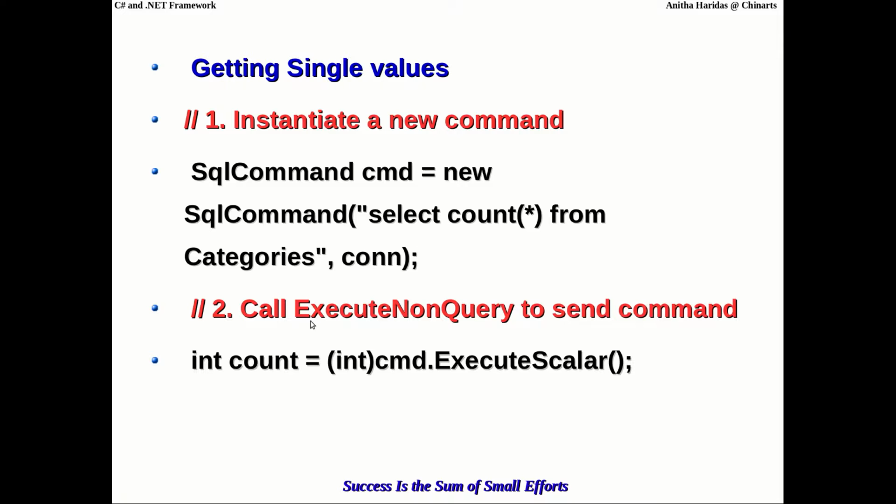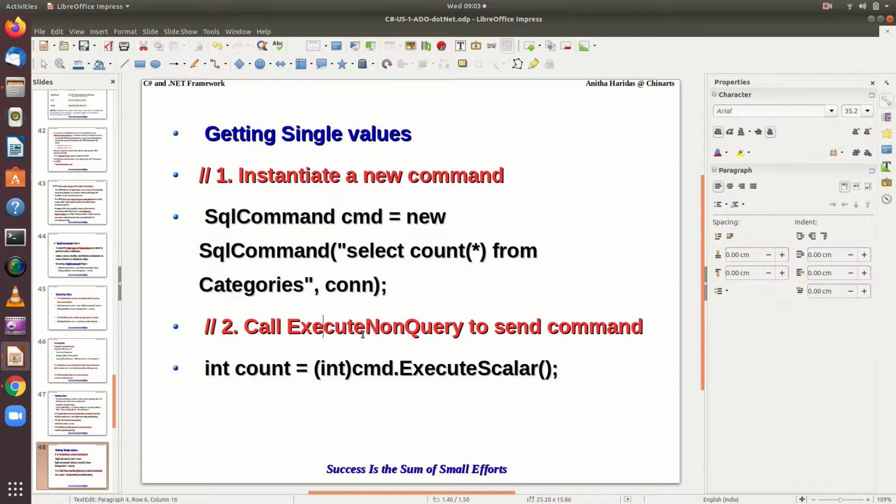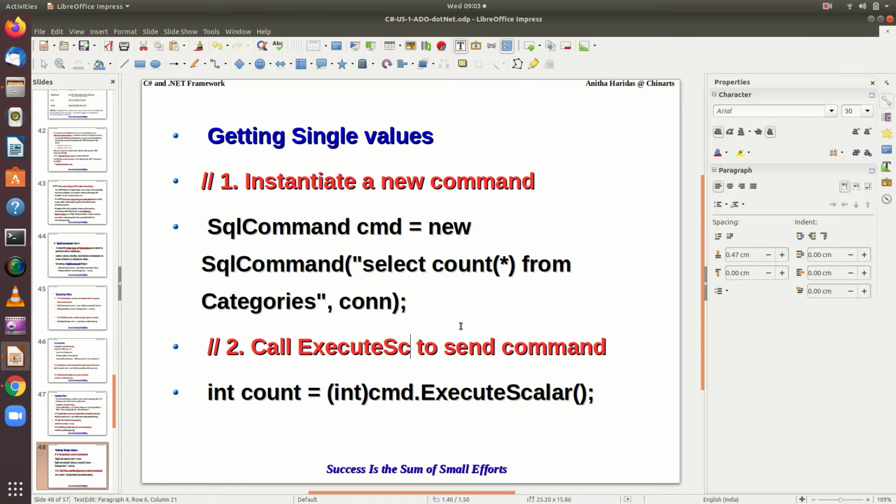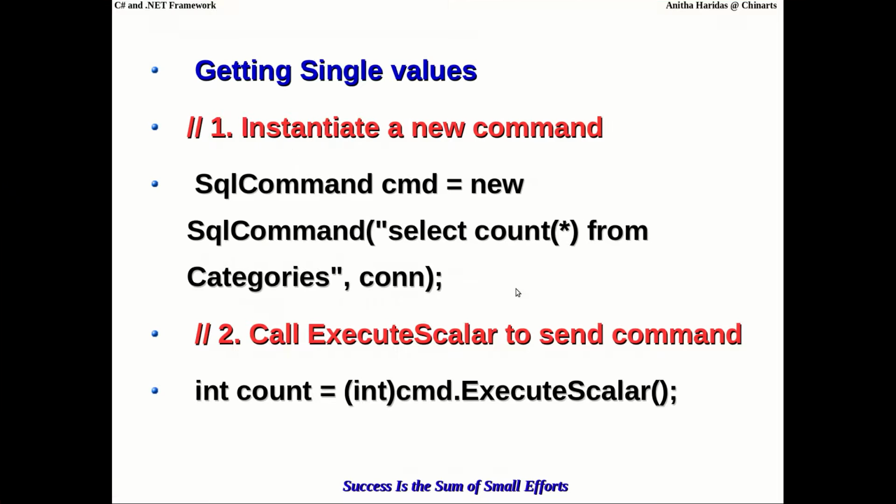So what do you do? You can't use your execute reader. You can use the execute scalar method, okay. So this query is retrieving the data from the database, but it is not retrieving a record set.